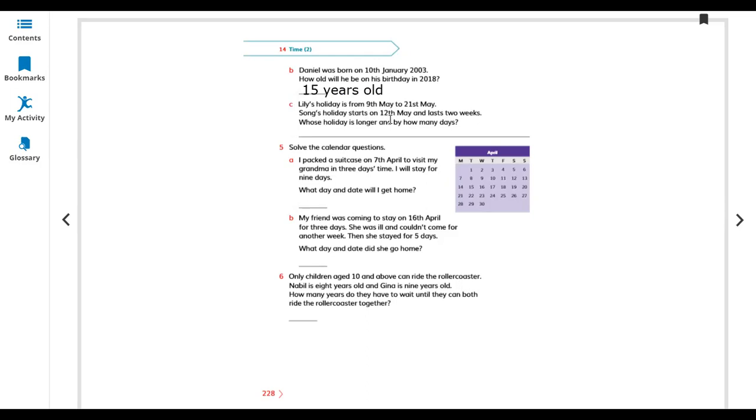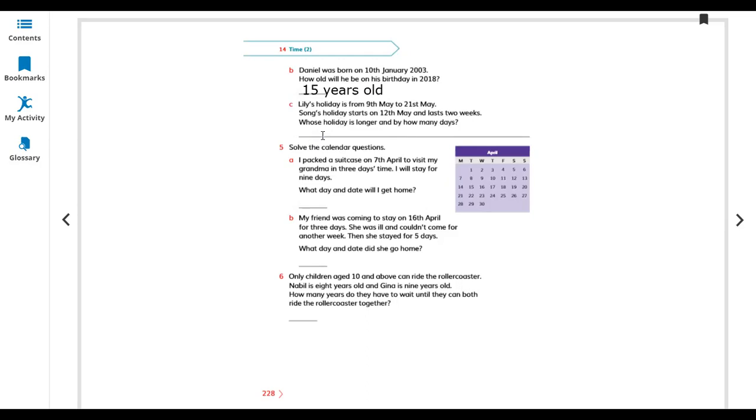So obviously this one, Song's holiday, is 14 days and the other is 13 days. Only 1 day difference. So we can write Song, because the date is not mentioned, it's written that it lasts for 2 weeks.